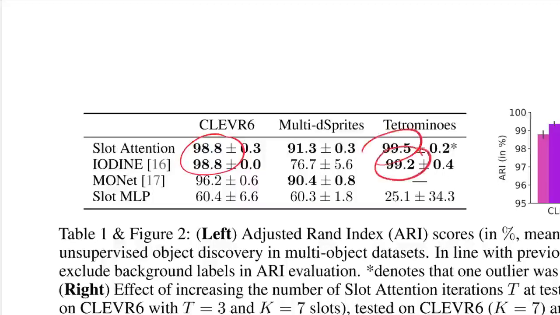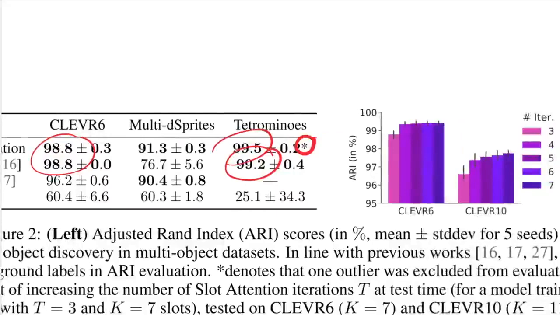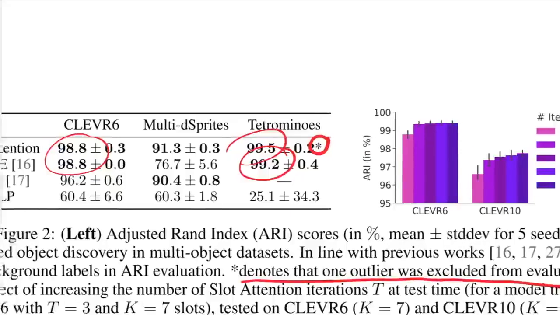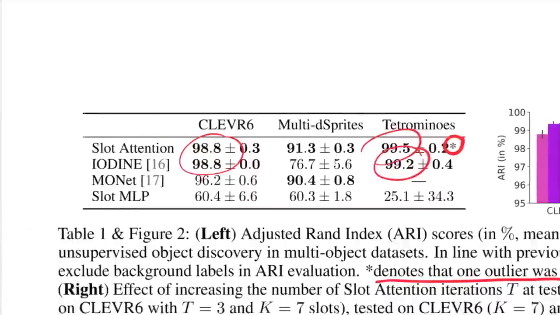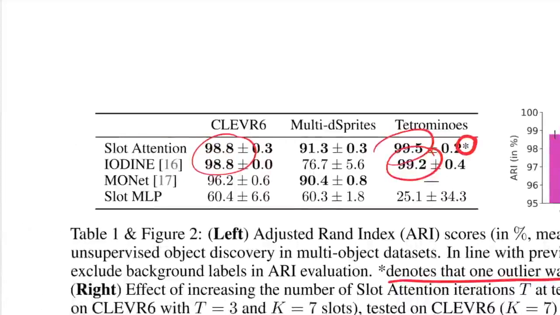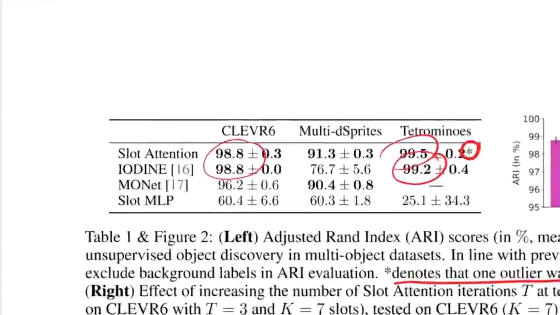This here outperforms this one a little bit, but then also the star here means that they have left out one of the denotes that one outlier was excluded from evaluation. I guess it is valid if it's a super outlier, but in this case, I would categorize this model as a different way of doing things and not necessarily outperforming the others.